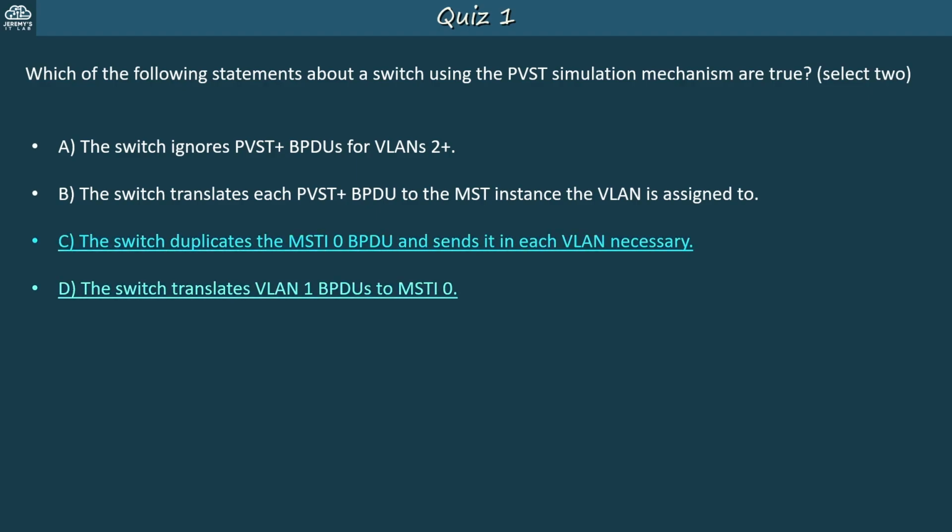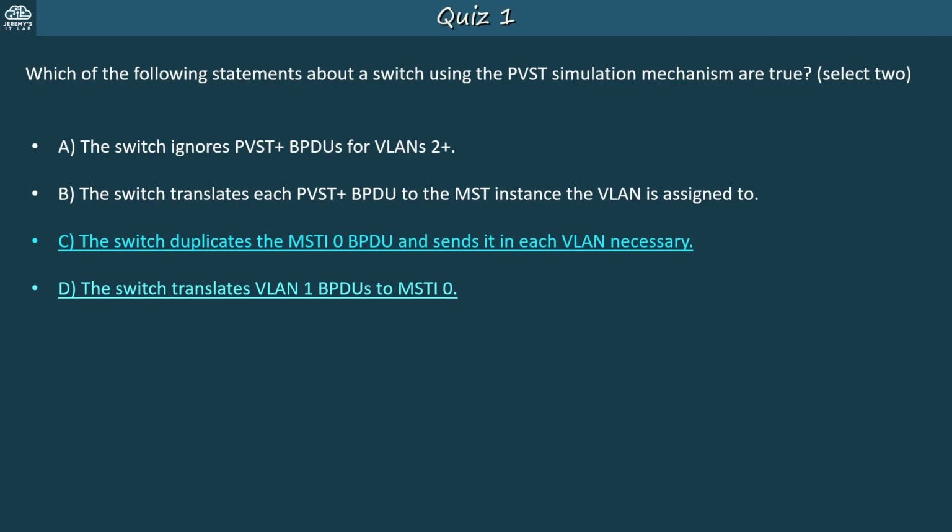C is correct because if an MSTP boundary port sends BPDUs to a PVST Plus switch, it duplicates the MSTI0 BPDU and sends it in each VLAN necessary, each VLAN for which it received a BPDU from the PVST Plus switch. D is correct because, to determine the PVST Plus switch's role in the CIST, the MSTP switch takes the VLAN 1 BPDU from the PVST Plus switch and translates it to MSTI 0 in the MST region.